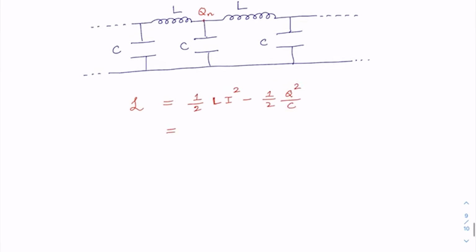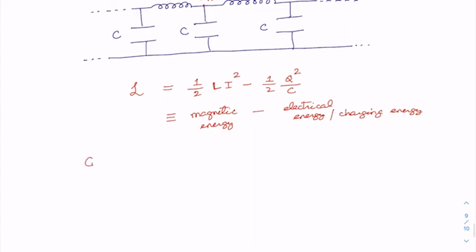In fact, this first term is called the magnetic energy, and the second term is the electrical energy, or the charging energy term. So we need to write down the charging energy and the magnetic energy for the full transmission line.